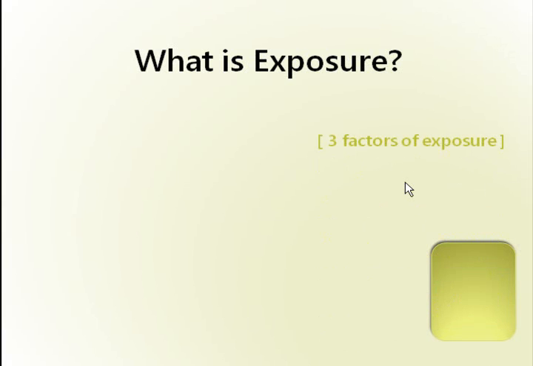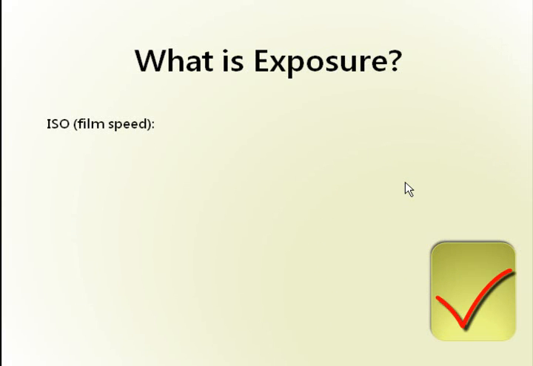There are three factors of exposure. And that's what we're going to just outline quickly in this lesson. The first factor that affects exposure is ISO. You will remember back in the days when you bought film for your cameras before digital cameras, you may recall some numbers of 100 and 200 on the boxes, and you were like, what is that?